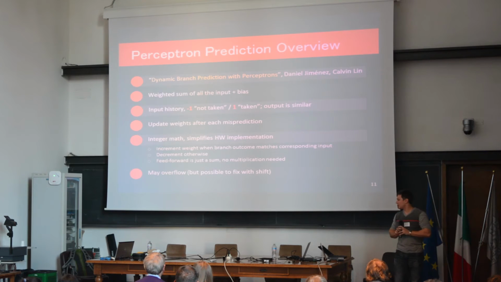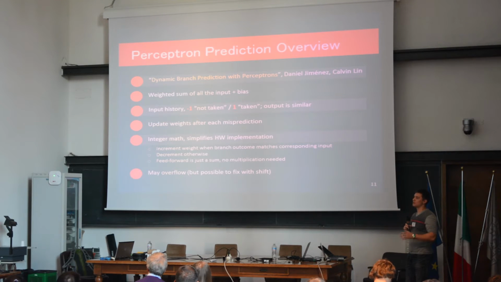So, a quick overview of what a perceptron is. The perceptron is basically a weighted sum of some inputs, and the inputs in the case of branch predictors are -1 if the branch in the history wasn't taken, and 1 if the branch in the history was taken. And the output is treated similarly. So if the output of the perceptron is -1, then we predict not taken, and when it's 1, we predict taken.